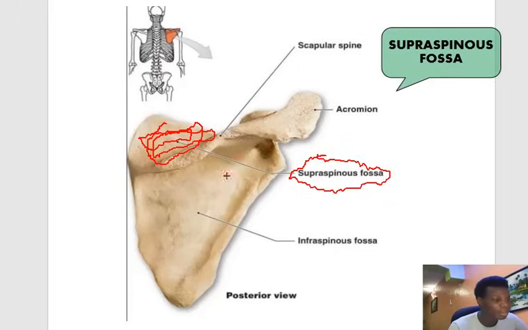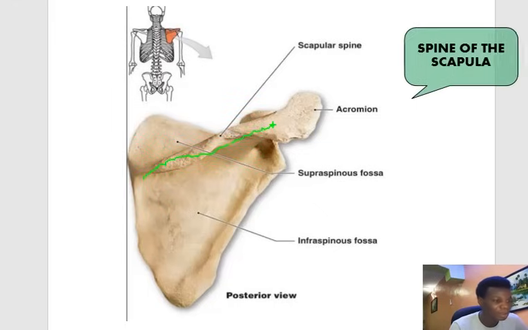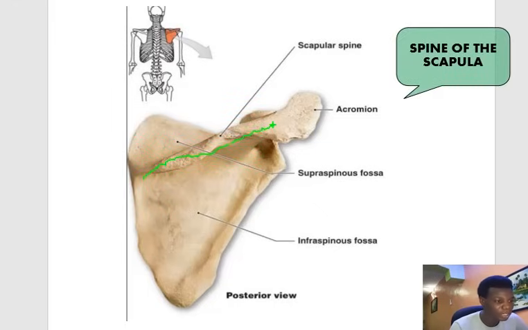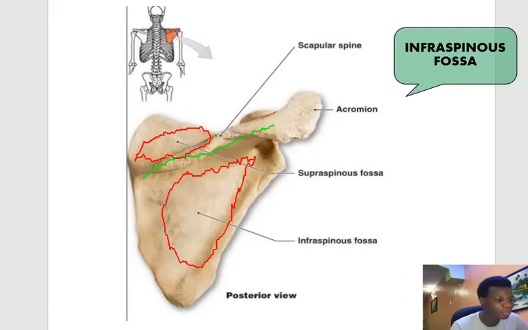Before I move on, let me draw your attention to this ridge of bone right here. This ridge of bone is the spine of the scapula, and it divides the posterior part of the scapula into the supraspinous fossa on top and the infraspinous fossa beneath.